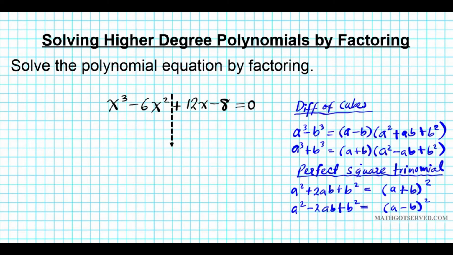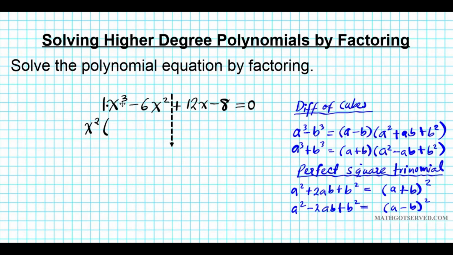Now I'm going to factor out the GCF from the first 2. X to the third minus 6x squared: the GCF of 1 and 6 is 1, of course, and the GCF of x to the third and x squared is x squared. You pick the lower of the 2 exponents. So you have x squared times, now if you factor out a GCF, it's as though you're dividing these terms by the GCF.